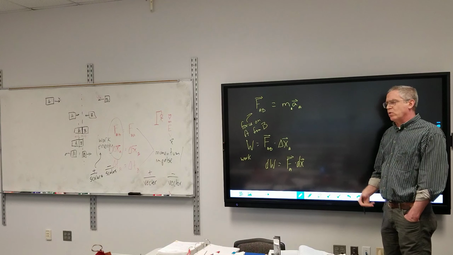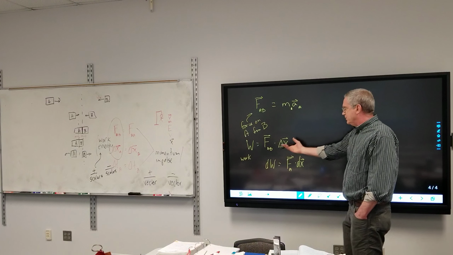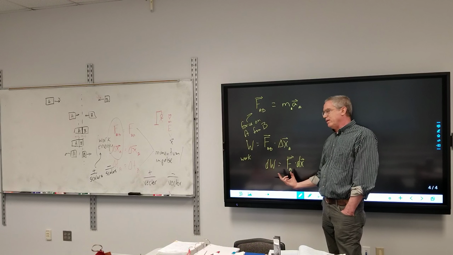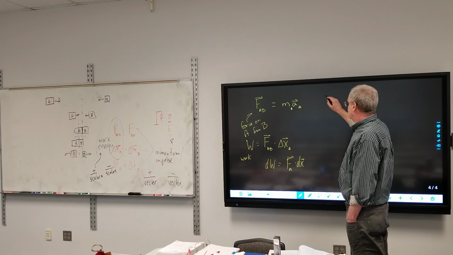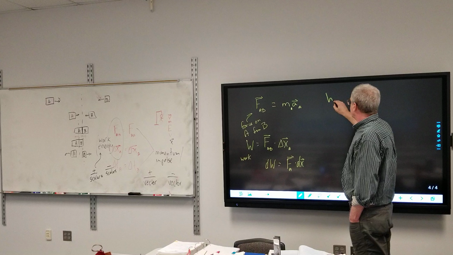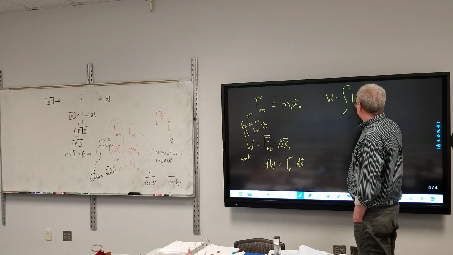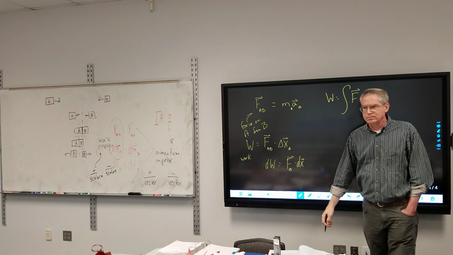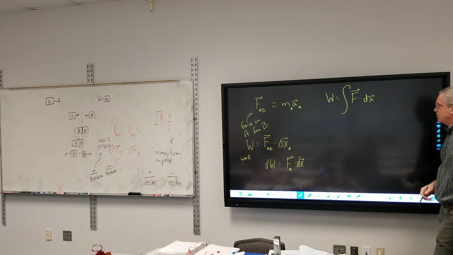So if I really want to know what the work is, instead of doing the macroscopic constant-force routine, we can look at it with a changing force. If I integrate both sides, my work is going to be equal to the integral of F dot dx, or dr, ds, whatever letter you're using.